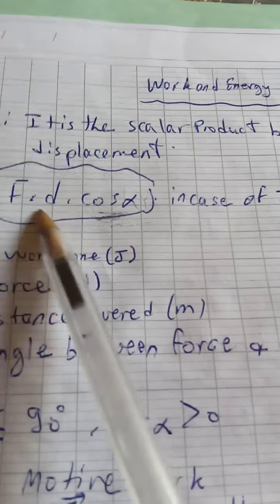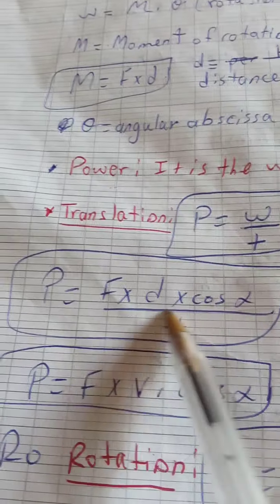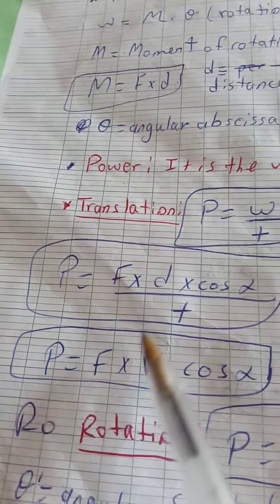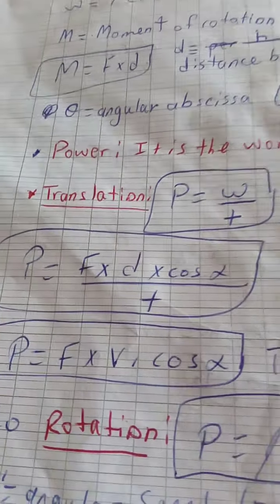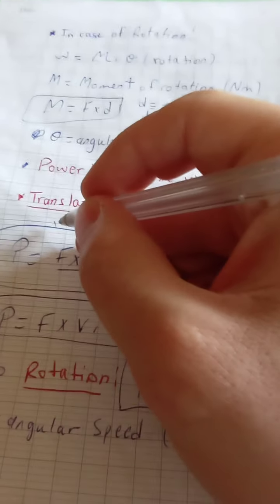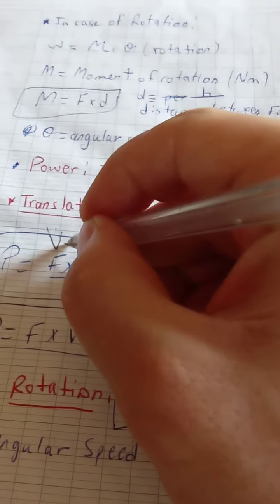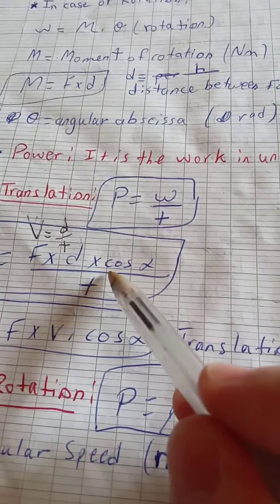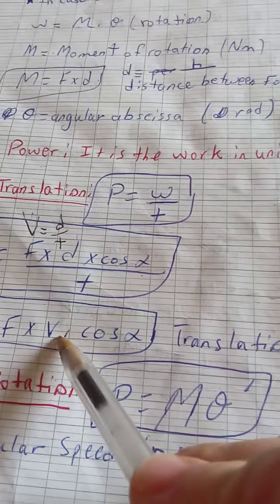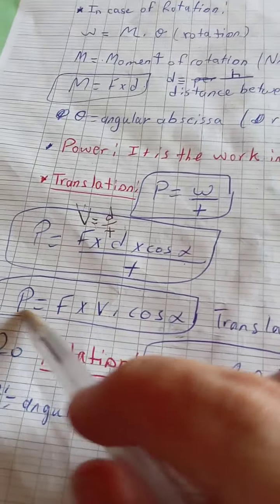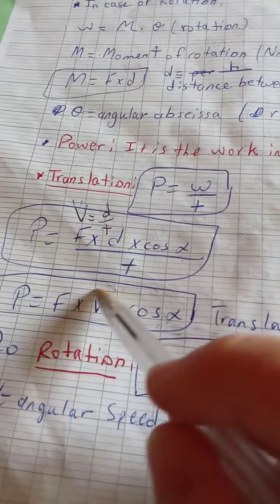So power equals this, and power equals force times D over T. We put V equal to D over T, times cosine theta. Because D over T is V, power equals F times V times cosine theta, the last rule for power we can use in translation.